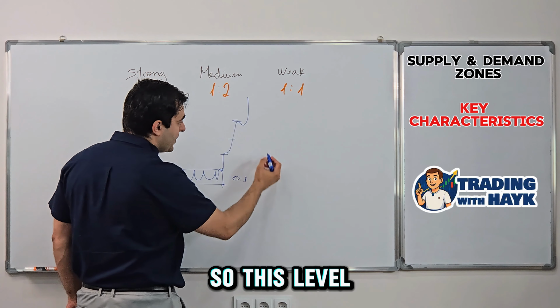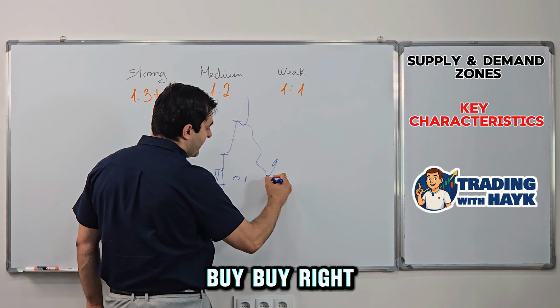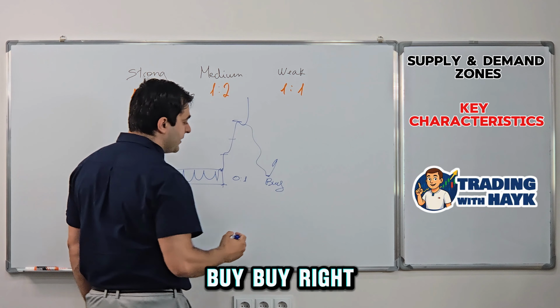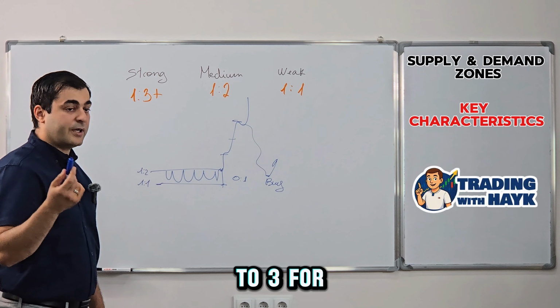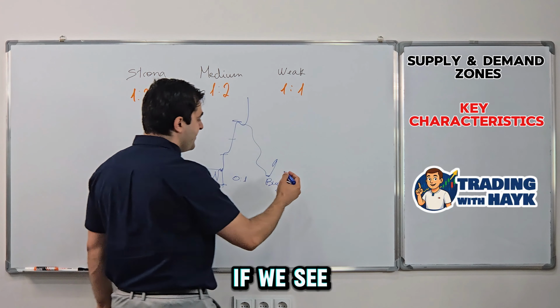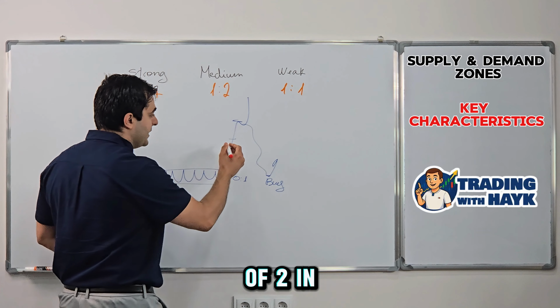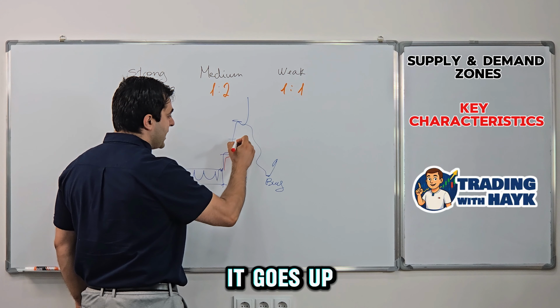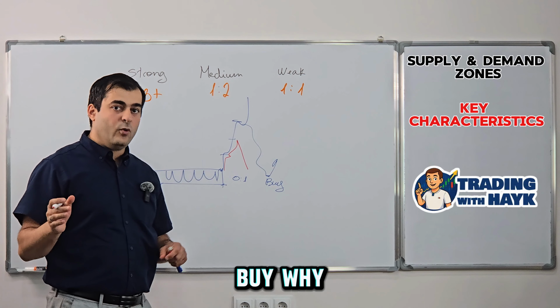So this level, whenever it reaches here, we are gonna buy, right? Why? Because the risk ratio is 1-to-3. For example, if we see a risk ratio of 2, in this case here, it goes up and back, I would never ever buy. Why?